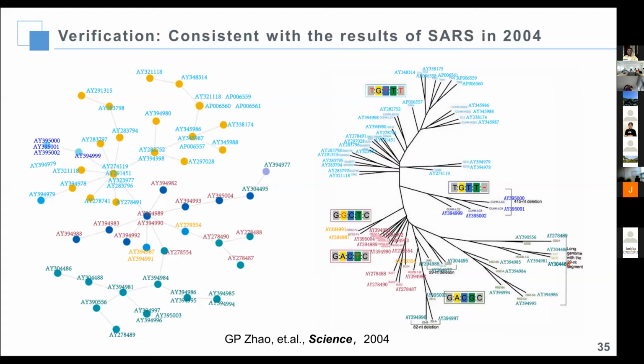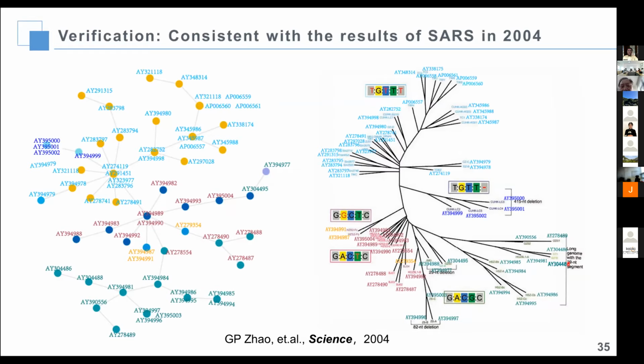And here we also performed some confirmation of our algorithms. We used some famous study results and tried to use our algorithms to verify the results. For example, this one was published in Science in 2004 by Professor Guoping Zhao, and they worked on tracing the SARS origin.